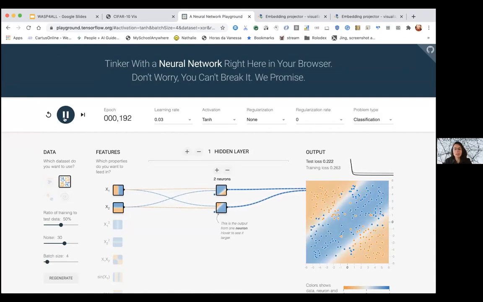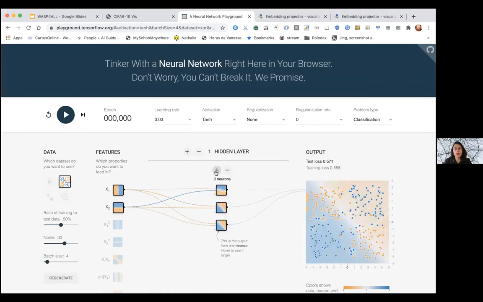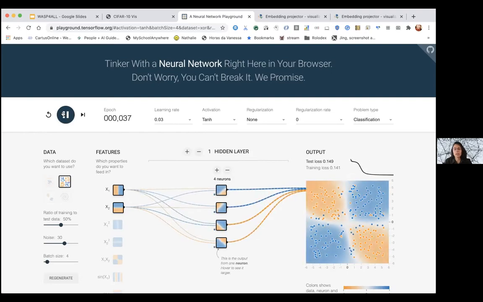It's trying really hard, but it's not able to partition the background in the correct way. So I'm going to add a couple more neurons, and you can see how information flows here. Again, I can highlight and see all the different ways these neurons think about the world. I'm going to play my system again, and boom, it actually does an okay job of partitioning the space.